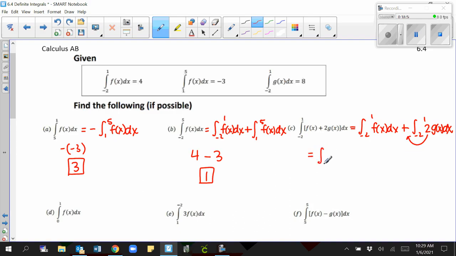So it's going to equal the integral from -2 to 1 of f of x dx plus 2 times the integral of -2 to 1 of g of x dx. Well, -2 to 1 for my f of x is 4 plus 2 times our g of x over here is 8. So 4 plus our 16 is going to give us 20.